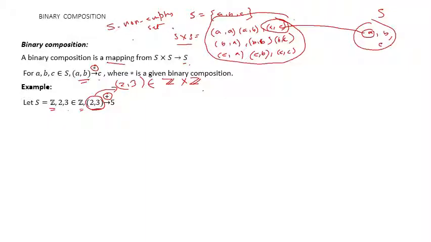Now this binary composition, which is ordinary addition, relates this element to the element 5, which is also a member of Z. তার মানে আমরা বুঝতে পারছি যে Z cross Z এর একটা এলিমেন্ট (2, 3) ম্যাপড হচ্ছে to this element 5 for this binary composition addition.